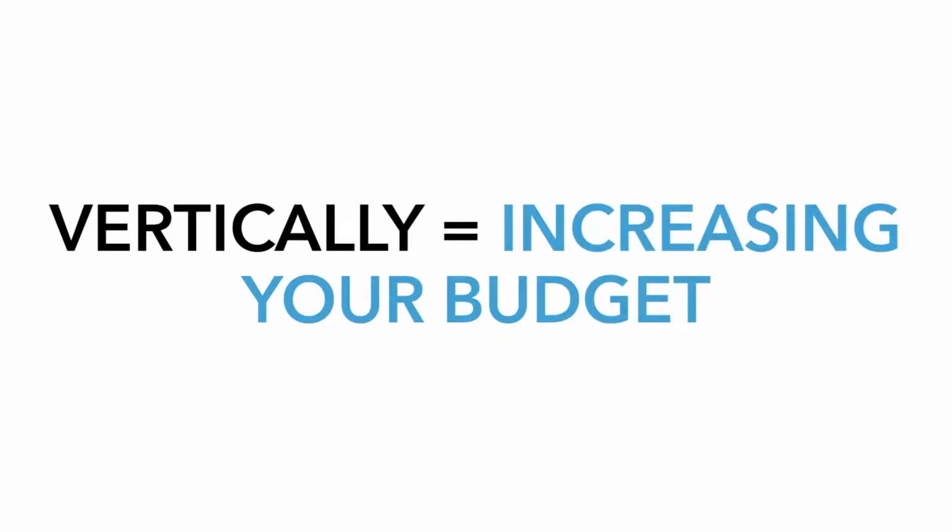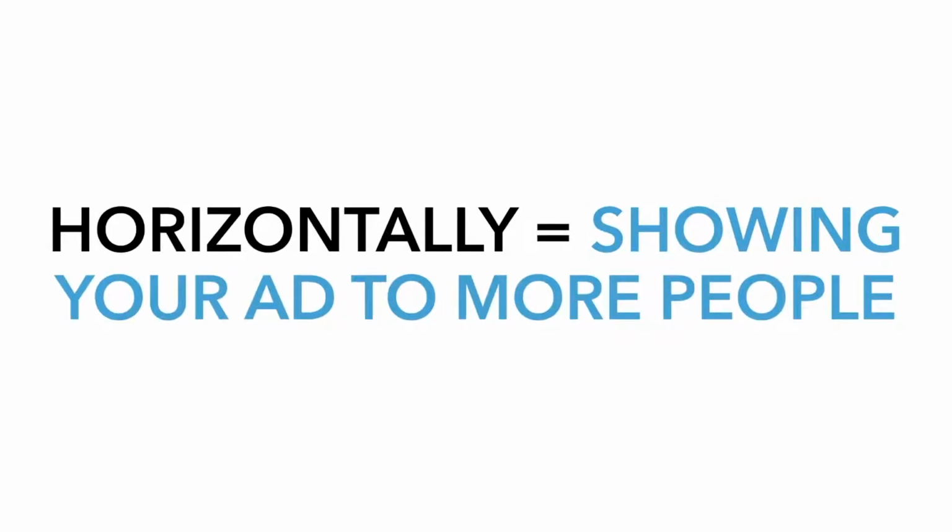Vertical scale is pretty simple, and it's probably what most of you imagine when you think about scaling a media campaign: simply increasing the budget. So you're getting good results and you want to increase the budget so that you can get more of the same results. That's vertical scale. Now, horizontal scale is taking that ad that's working and showing it to more people.